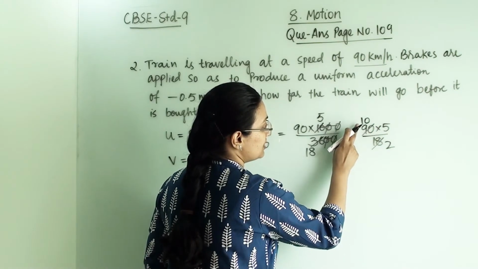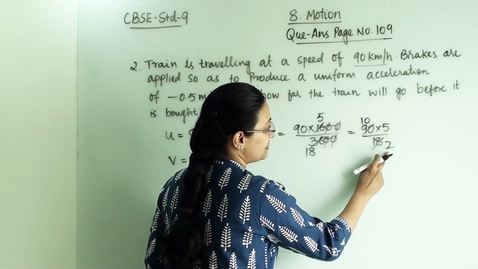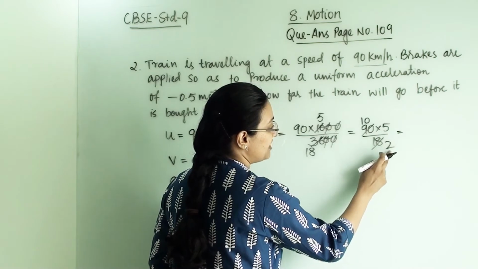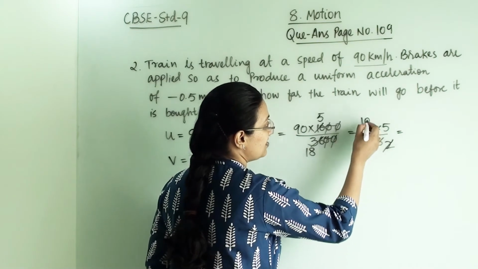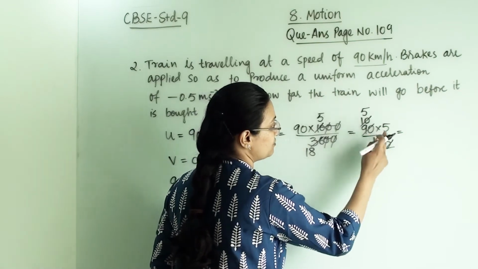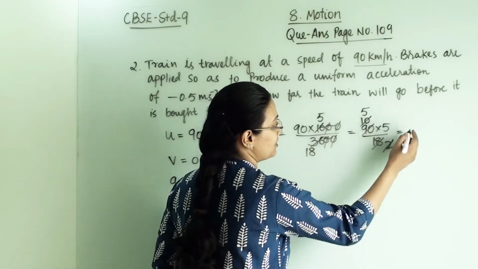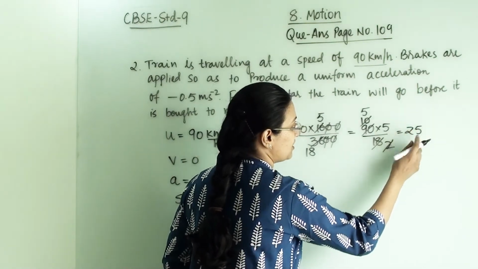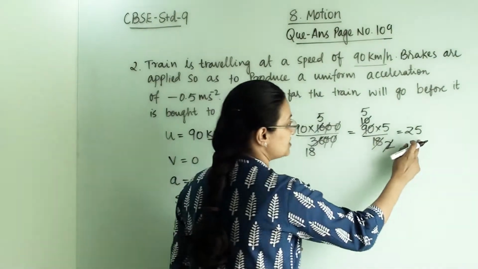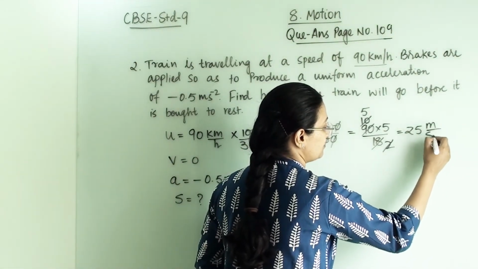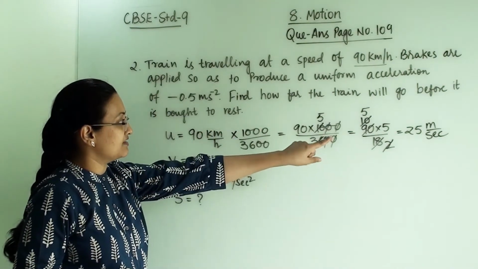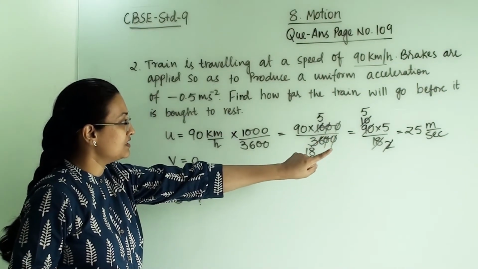So here we get 10 and here we get 2. So now it is 10 into 5 divided by 2. Taking this 2, 2 fives are 10, so we get 5 into 5, which is 25. What is this 25? We have converted kilometer per hour to meter per second. So we have converted this 90 into 25 meter per second.